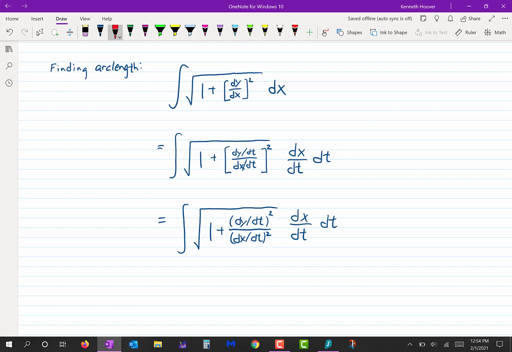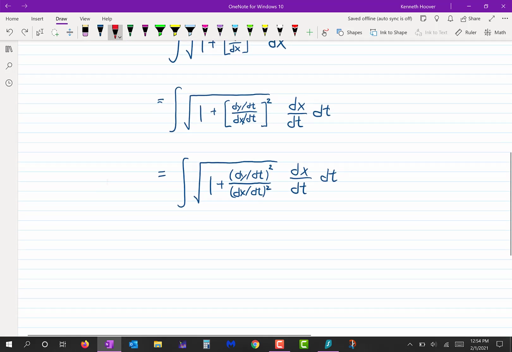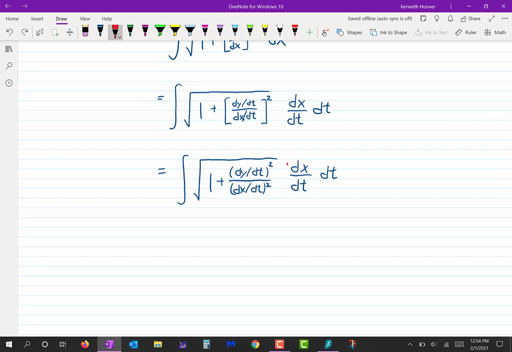Now, I said a second ago that I'd like to factor this out, but to be honest with you, I just realized it'll be easier to distribute this. So here's what we're going to do. I'm going to take that dx/dt and just move it around to the front of the square root.